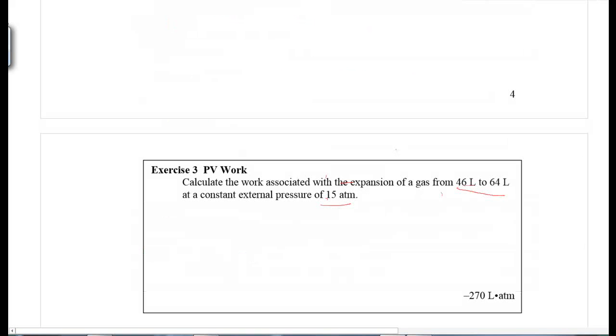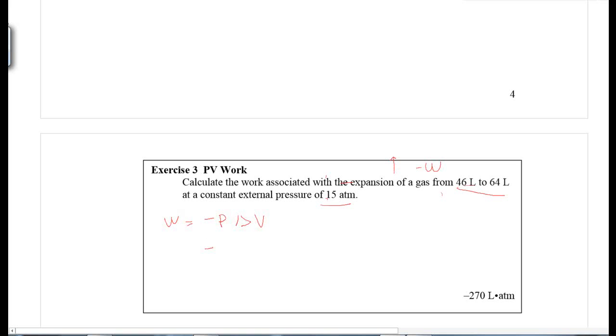We're calculating work, and the work associated with the expansion of a gas. If the gas is expanding, it's pushing out of the cylinder onto the piston, and it's going to be negative work. What we saw just a minute ago was work is equal to minus P delta V, minus the pressure times the change in volume.